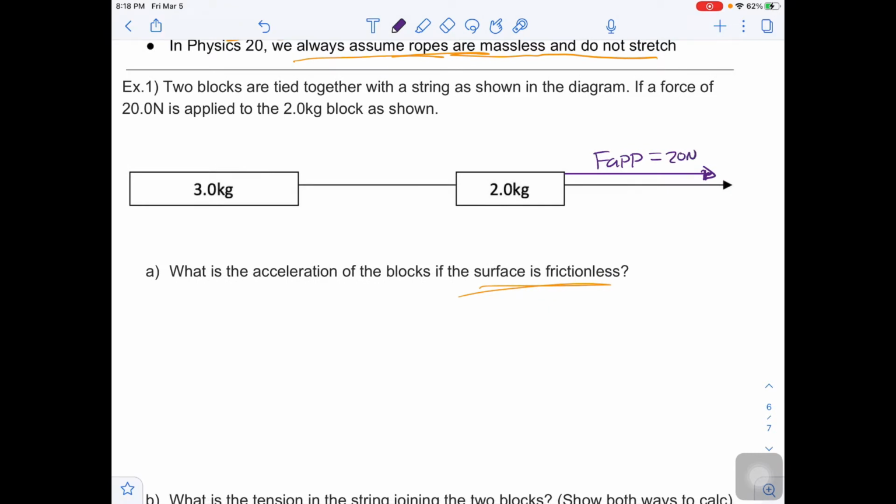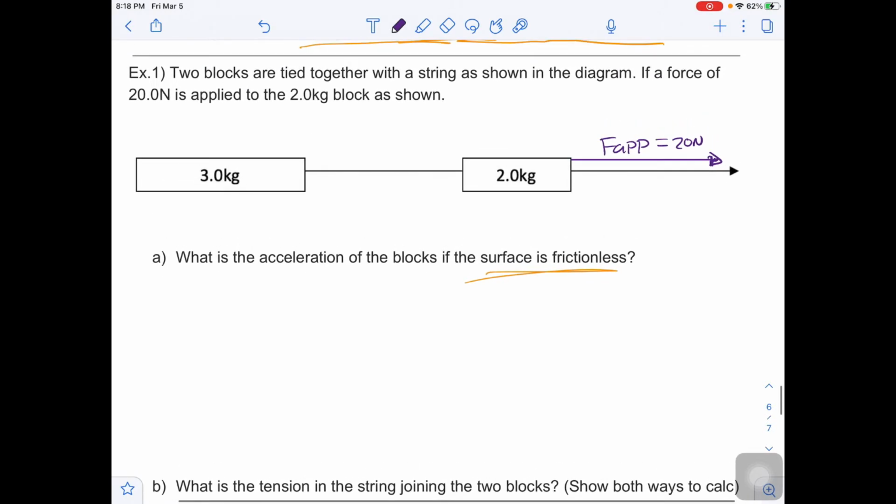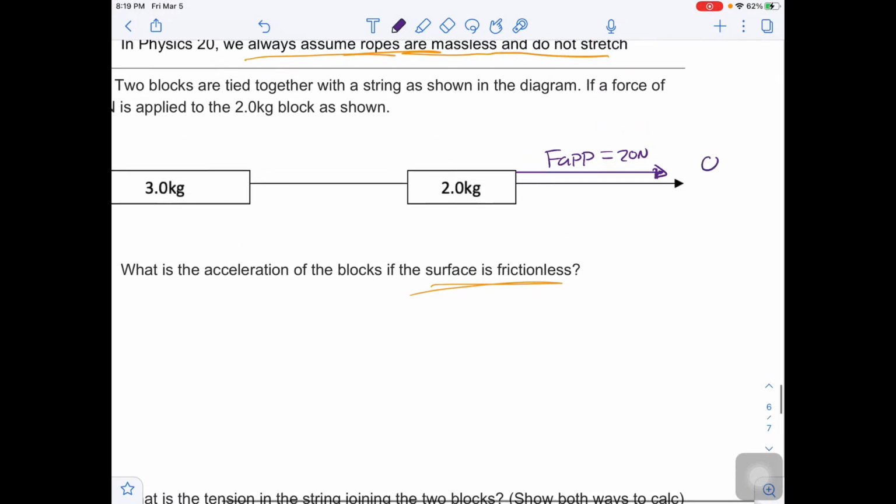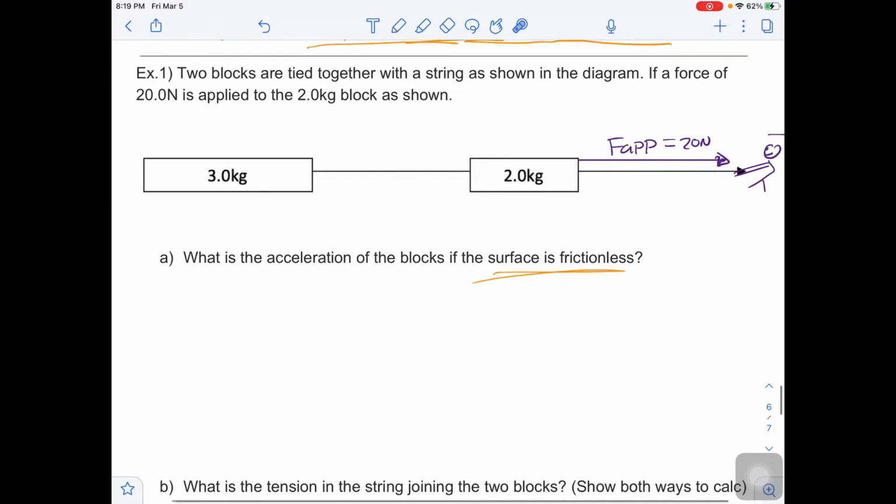Now, what is the acceleration of the blocks if the surface is frictionless? Let's imagine we're the ones pulling this with a rope, pulling to the right. We're not just pulling the 2 kilogram object, we're also pulling the 3 kilogram object.